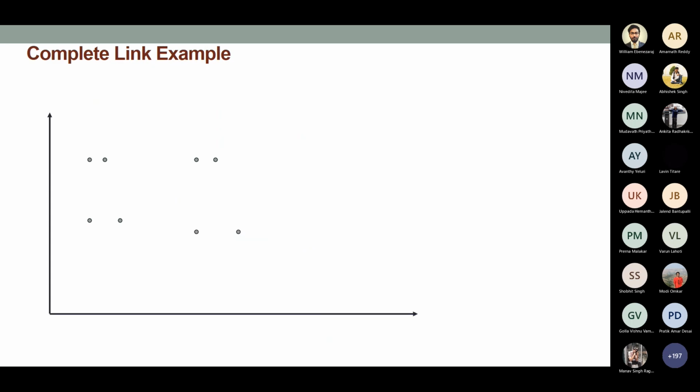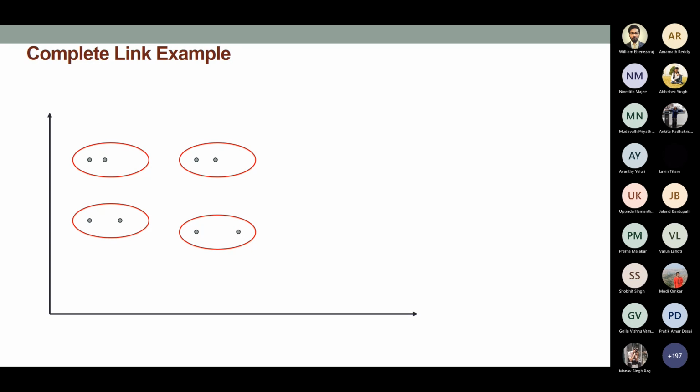Now let's take a very small example again and try to see what happens. In this case again, the very first step is, because you have individual clusters, we take the minimum and merge it. So again, we are going to do this, then this, then this.